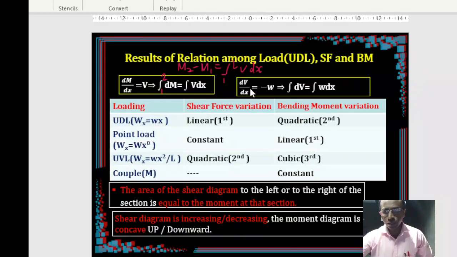Similarly, I also get another relation between the shear force and loading. That relation says the rate of change of shear force is nothing but the intensity of the loading.